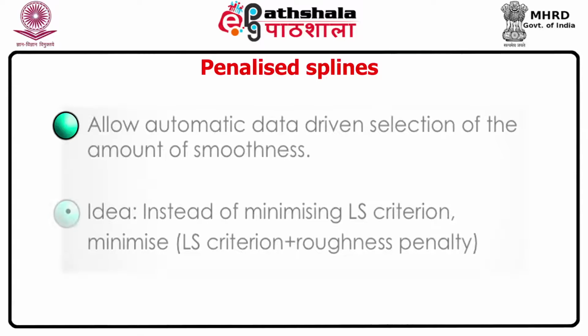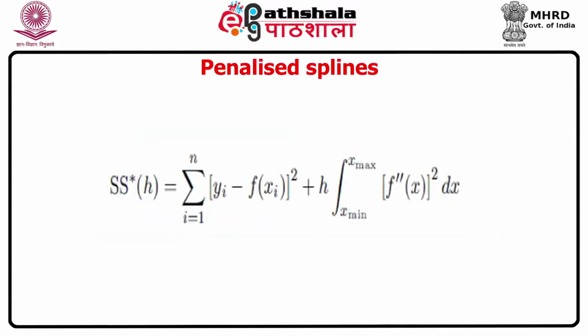So the idea is that unlike the regression splines, we no longer minimize the least squares criterion, but we minimize the least squares criterion subject to a roughness penalty. So this is what my criterion looks like. The first is the usual least squares: y_i minus f of x_i, where I'm trying to fit the regression y_i equal to f(x_i) plus epsilon_i.